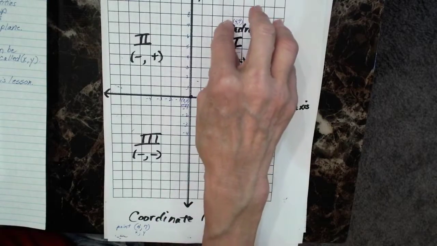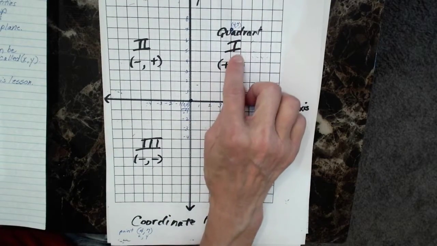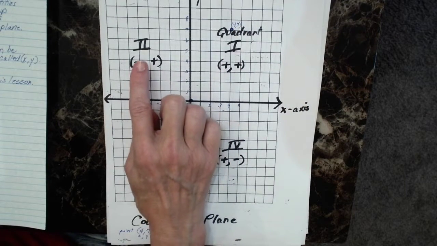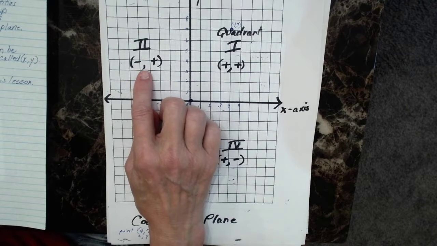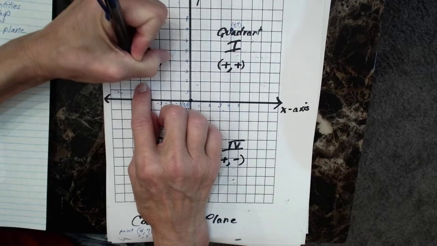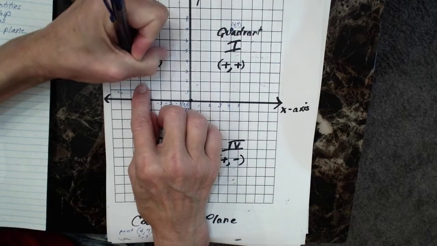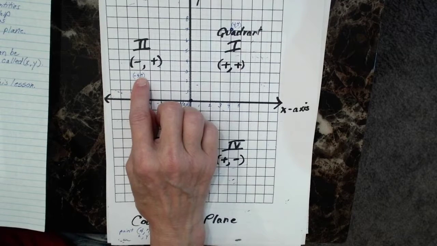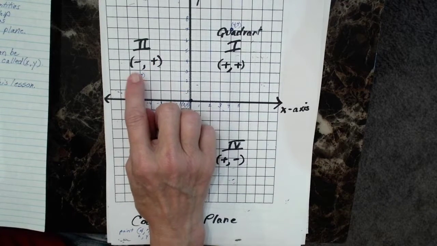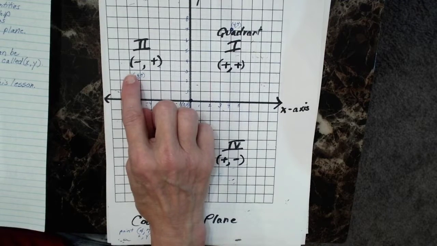So that point is in quadrant 1 because the 4 and the 7 are positive. If you wanted to put some point in quadrant 2, you would need to have, say, a negative value for x and a positive value for y. Let's see how that works using the same numbers but a different sign for 4.